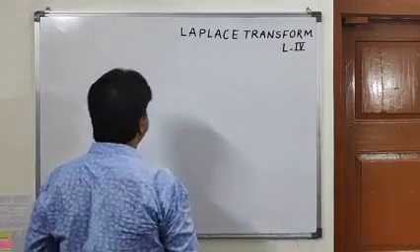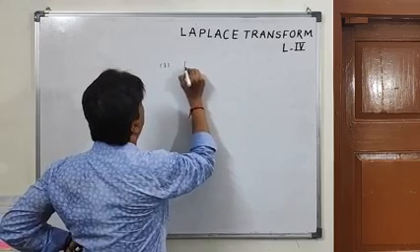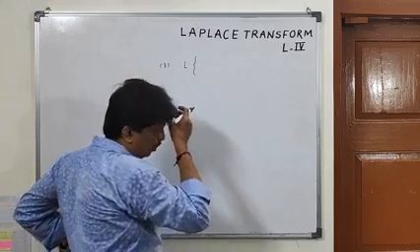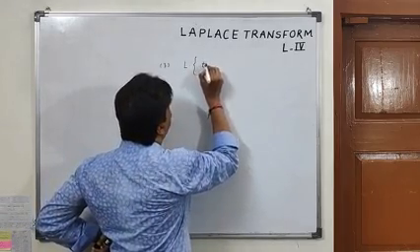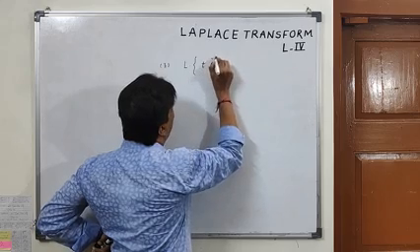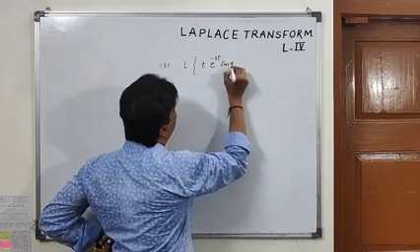Third example. Laplace transform of t into e raised to power minus 3t into sine of 4t.